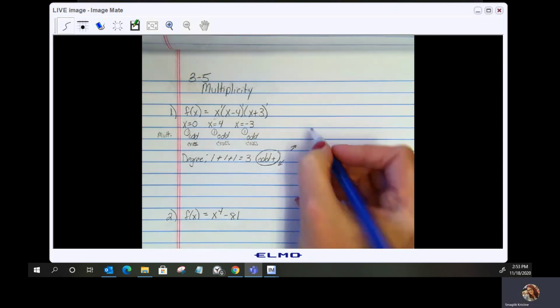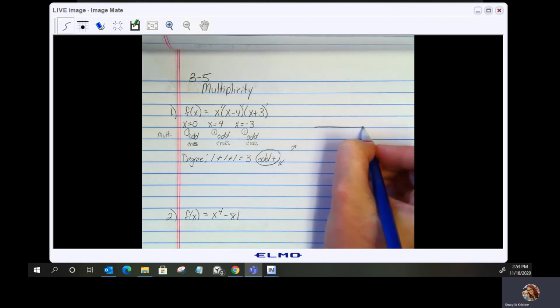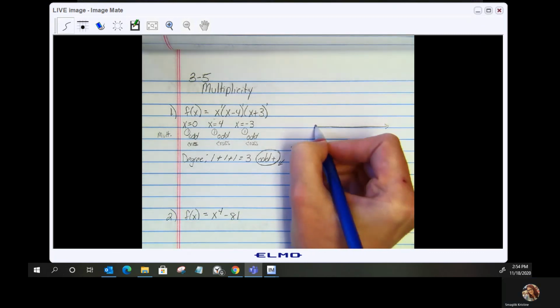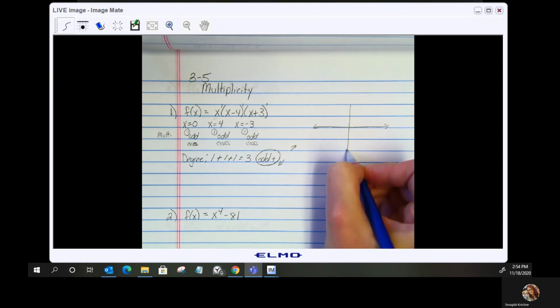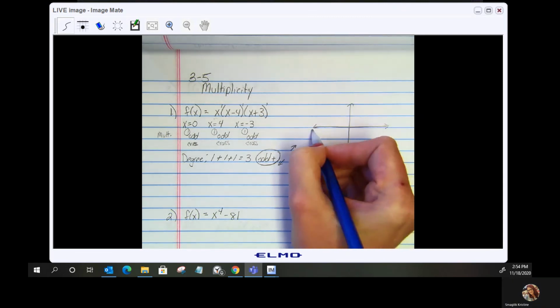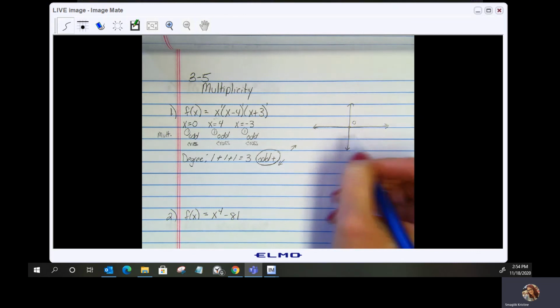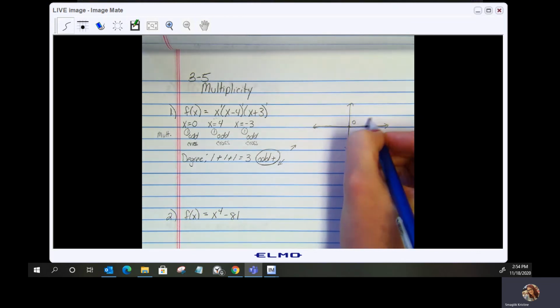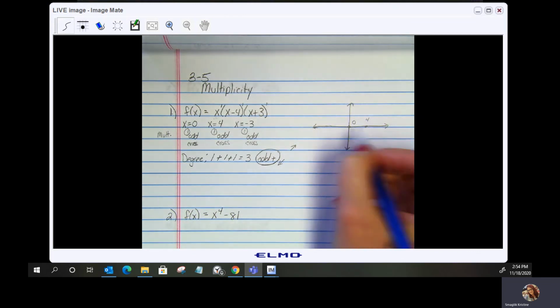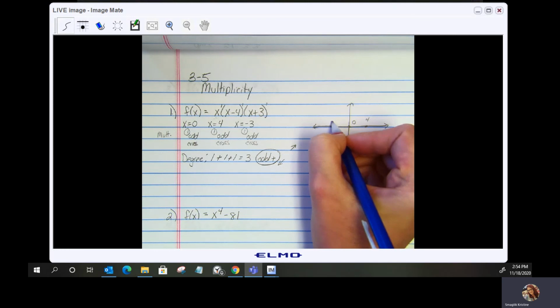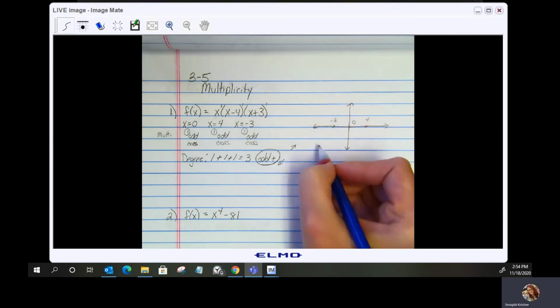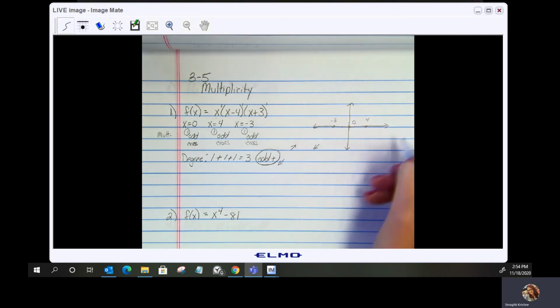So let's sketch a really quick graph. I'm going to put my zeros in. I have 0, a positive 4, and a negative 3. And my behavior goes down and up.